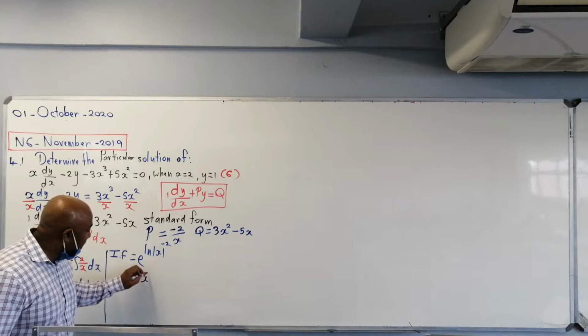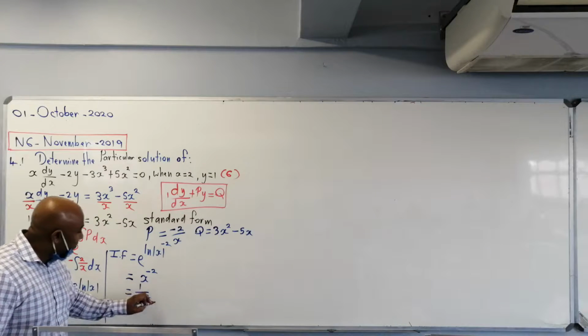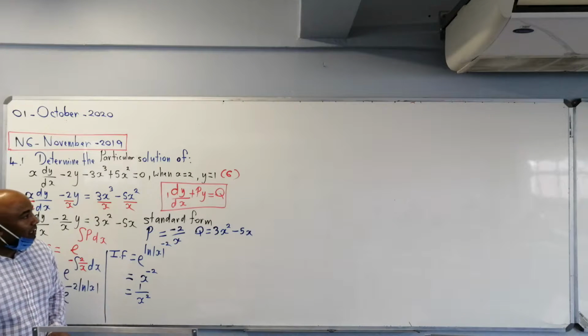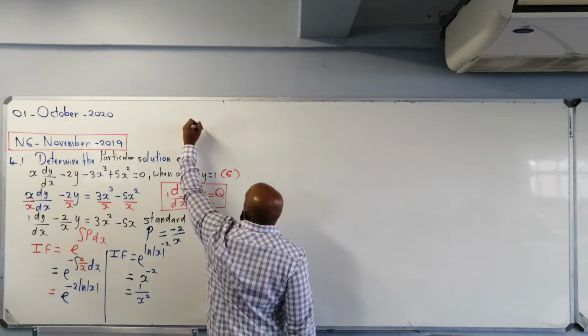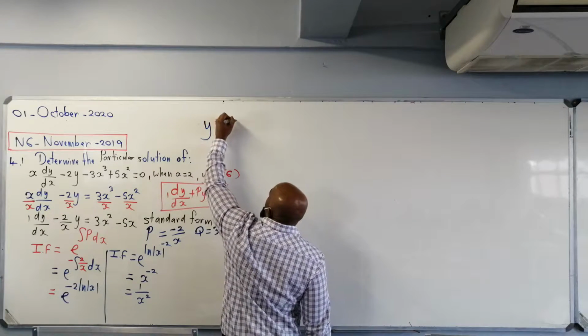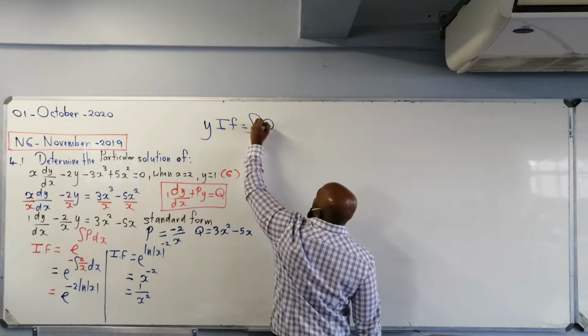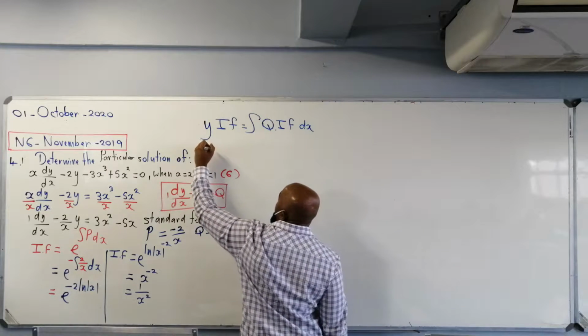So this will be just x to the power minus 2, which is the same as 1 over x squared. Now we substitute into the formula.